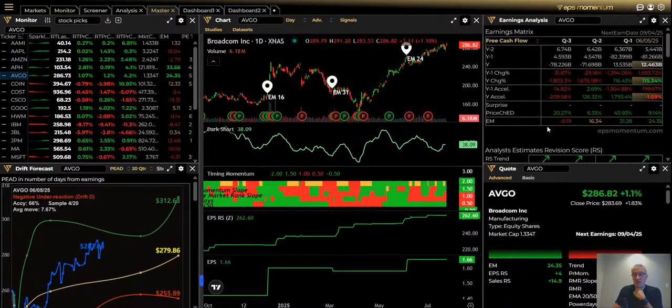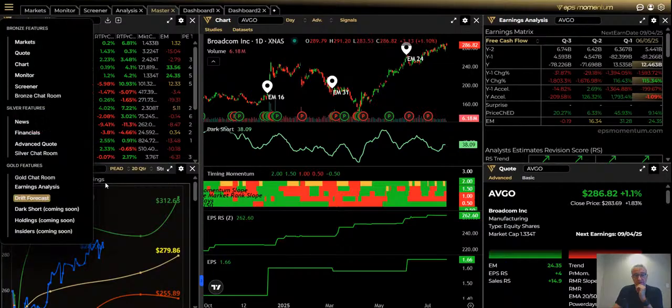This lets you filter on the fundamental piece that moves during the quarter, intra-quarter, which is the estimates. That's really unique.